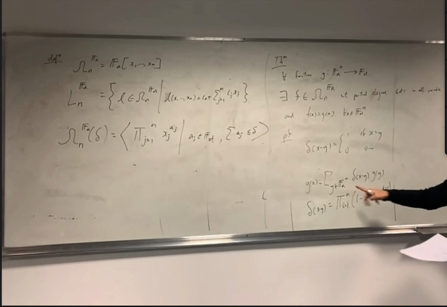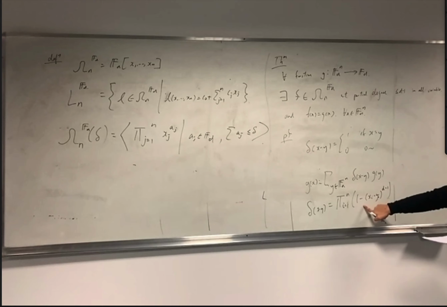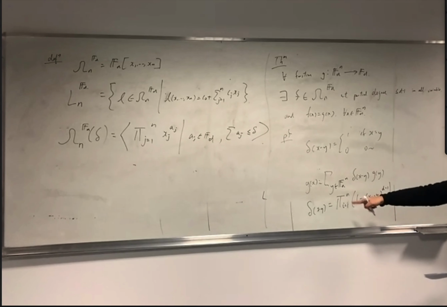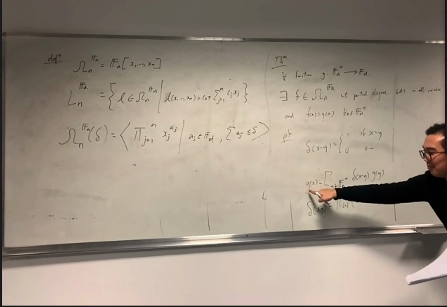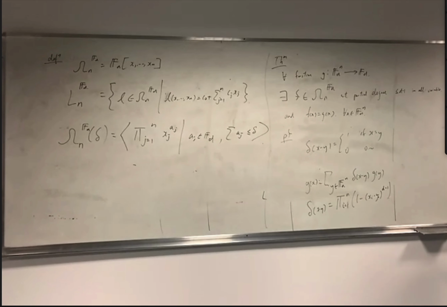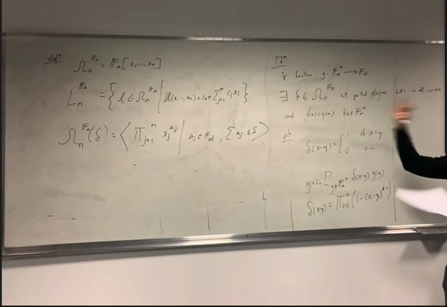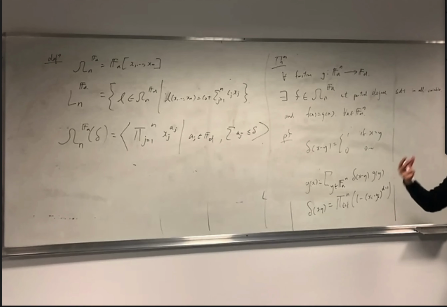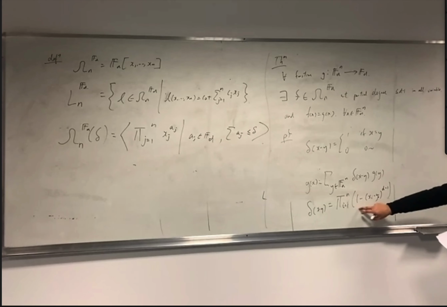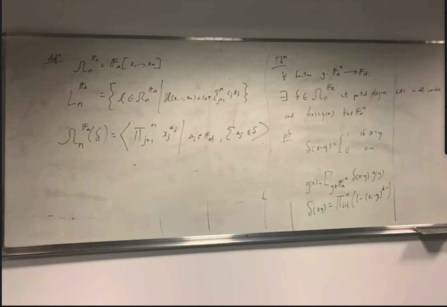You express the delta function as a polynomial of partial degree less than d minus 1, and then you express your arbitrary g as a linear combination of those. So the outcome will be a linear combination of polynomials of partial degree less than d minus 1. It's just a rough proof. Okay.